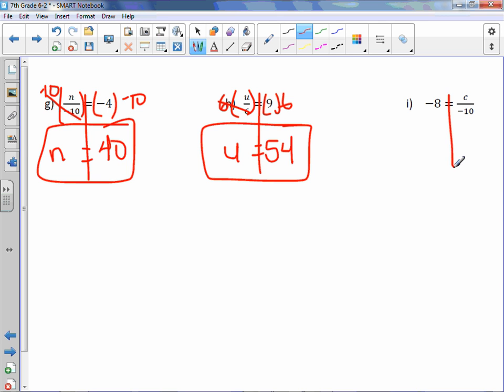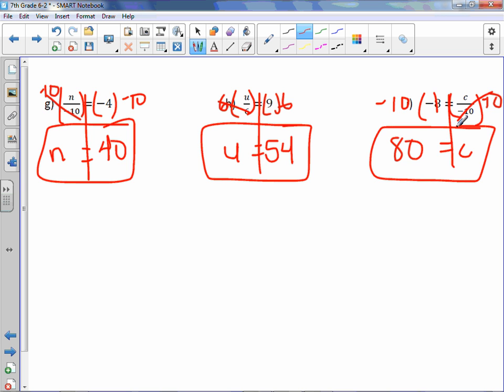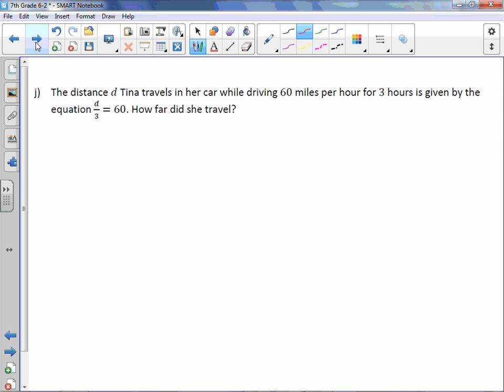Letter I. -8 equals C divided by -10. Multiply both sides by -10. You get positive 80 equals C. Letter J. The distance D Tina travels in her car while driving 60 miles per hour for 3 hours is given by the equation D divided by 3 equals 60.